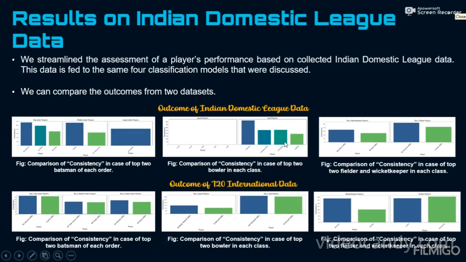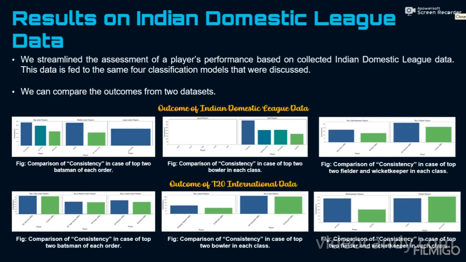Similarly, we have done this for bowlers, and we see P. Kumar, Kuldeep Yadav, and Hardik Pandya, while Ashish Nehra is actually considered to be a bad player for Indian domestic league data.